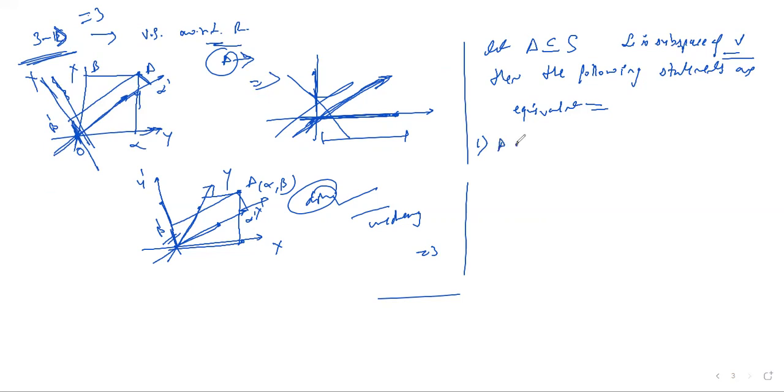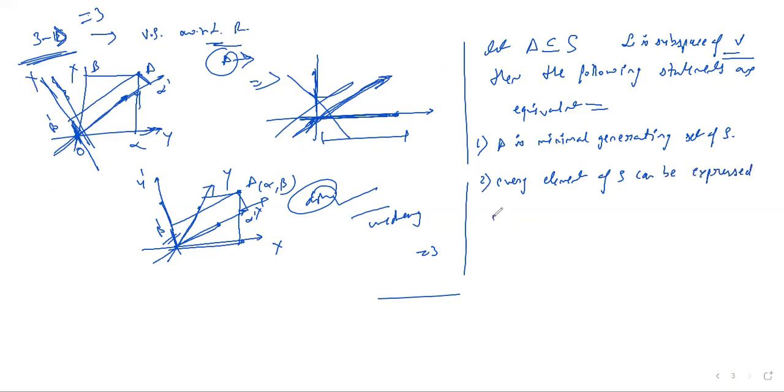First, A is a minimal generating set of S. Second, every element of S can be expressed uniquely as a linear combination from A. Third, A generates S and A is linearly independent.